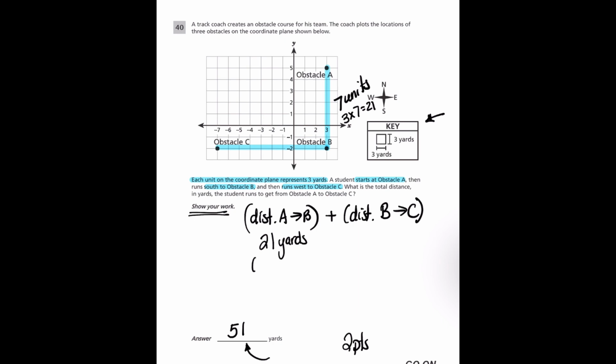I'll even go further and make sure they know 3 units, just so they know where I'm getting that from. And the next one we know is 1, 2, 3, 4, 5, 6, 7, 8, 9, 10. So here we go, 10 units, and 3 times 10 is 30 yards. Again, all my thinking is on the page.